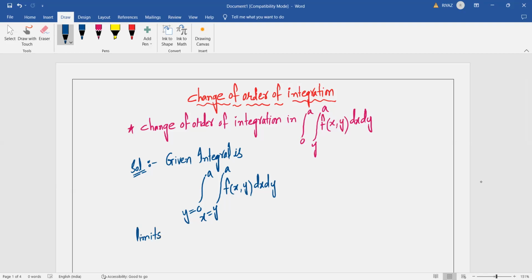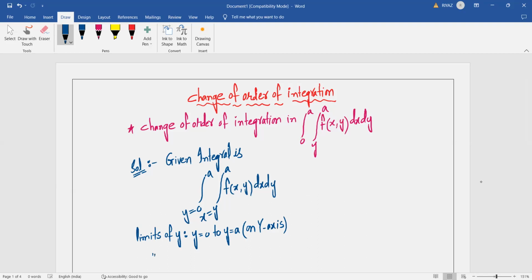What are the limits of y? Y is equal to 0 to y is equal to a. Definitely it lies on the y axis, because in terms of y, the limits of x cannot be there.